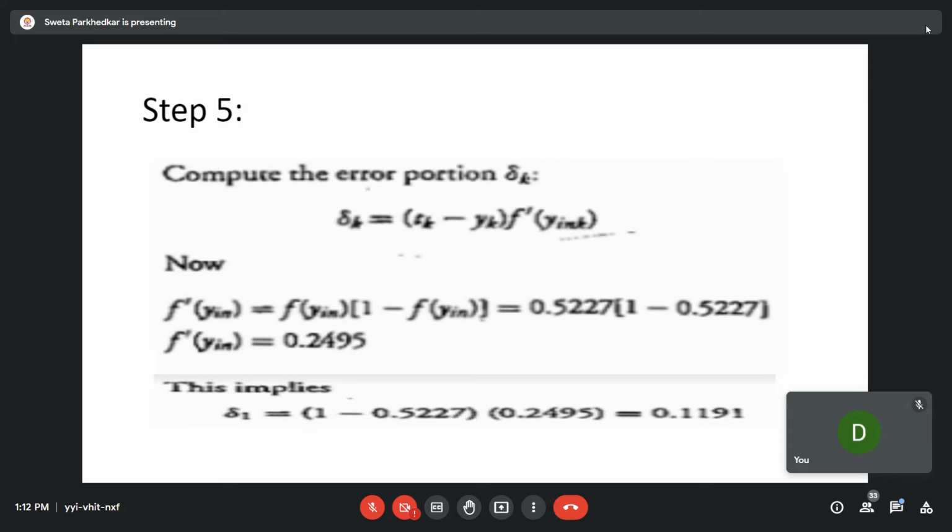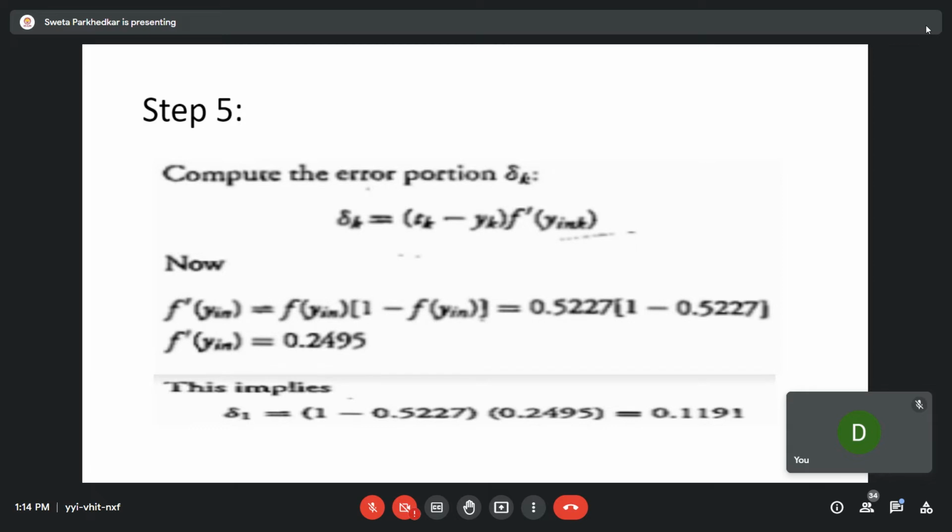T1 is equal to 1, and yk is already we have calculated, it is 0.522, and f dash of y in of k. ये क्या निकल गया?